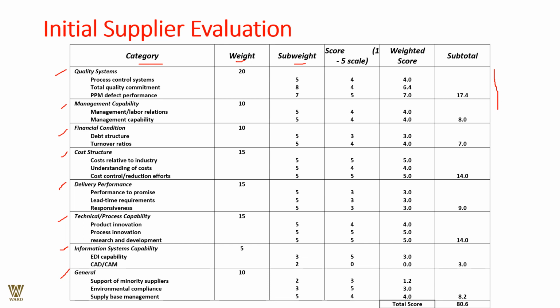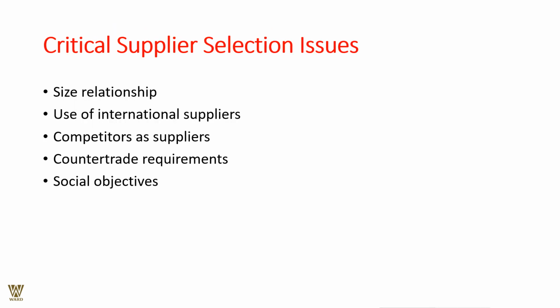This needs to be added up and will give you a figure which tells whether the supplier should be preferred or not preferred. Even then, if you are evaluating a number of suppliers on these parameters, you can easily rank each supplier vis-a-vis the other.